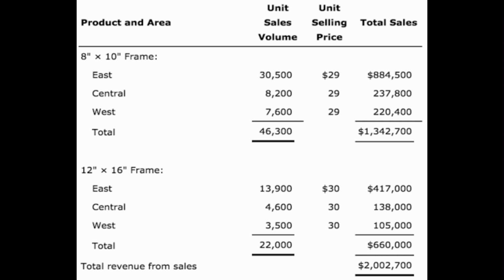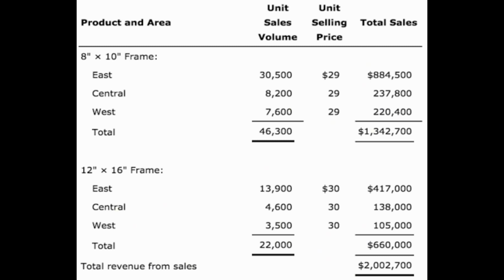For the unit sales volume, for East is 30,500, and the unit sales volume for Central is 8,200, and for the West is 7,600. And the total for this unit sales volume is 46,300. And for unit selling price, we have $29 for East, and for the Central is 29, and also for West is 29.